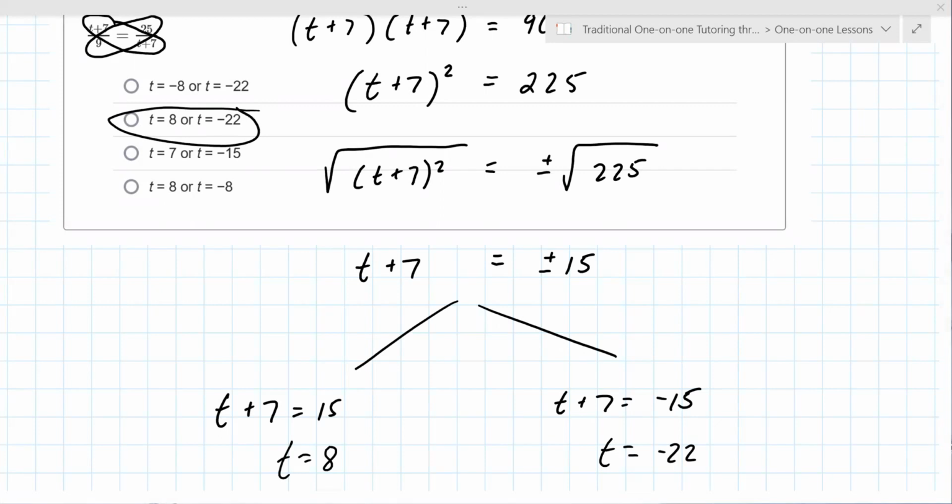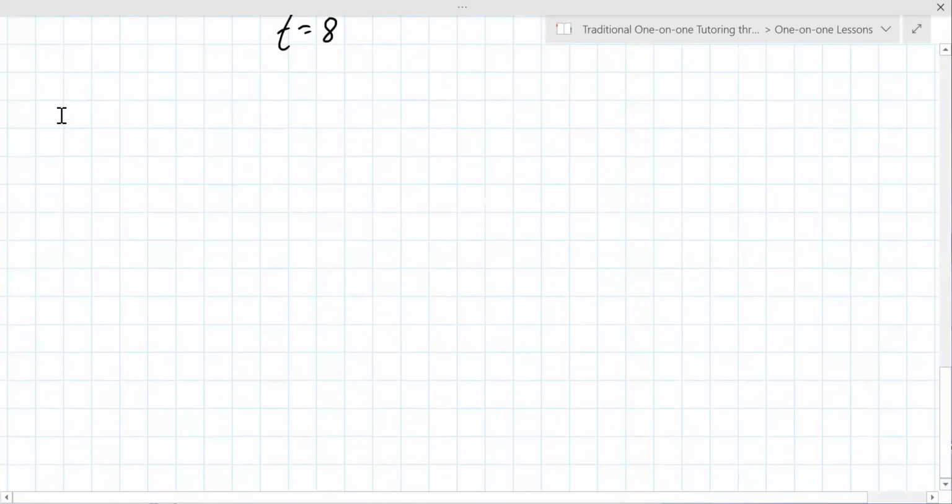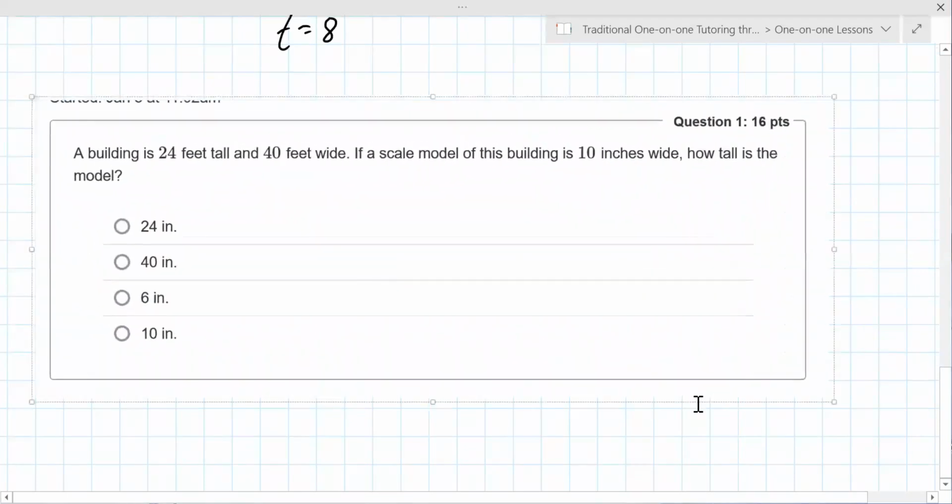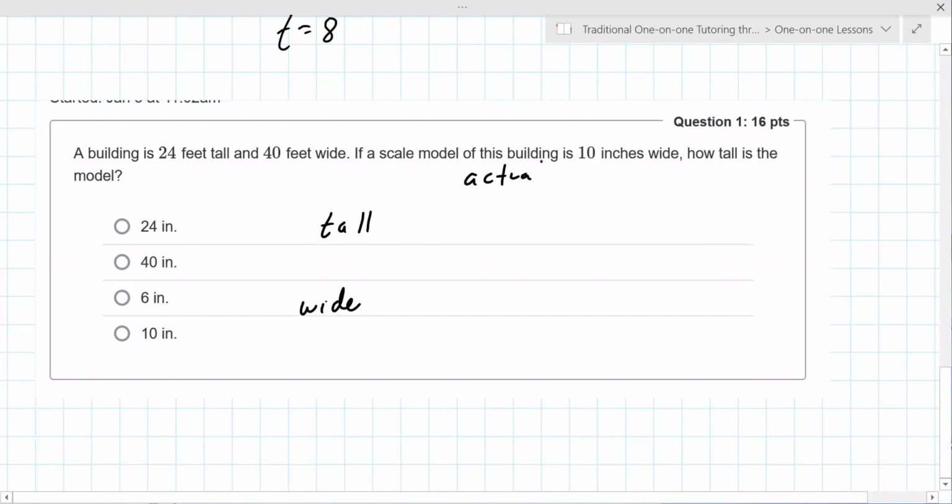All right, so the next question is kind of a story problem. A building is 24 feet tall and 40 feet wide. Okay, so we're going to make a little table. Here's the tall, here's the wide, here's the actual, and here's the model.